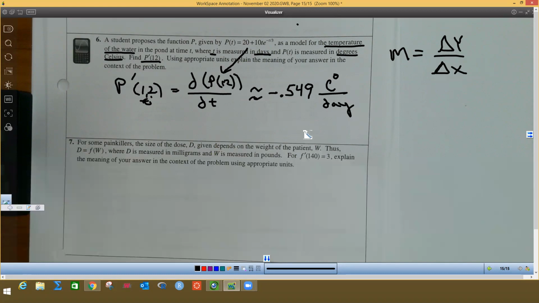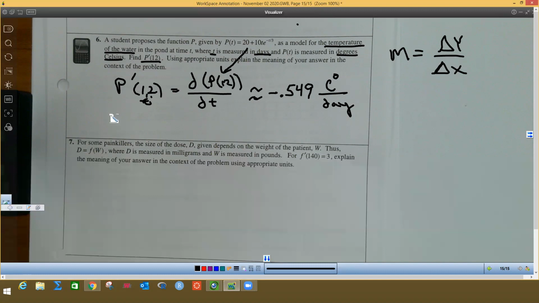Now we're supposed to tell what that means, so we're going to use that NUT acronym. We need the noun. What is P prime of 12?